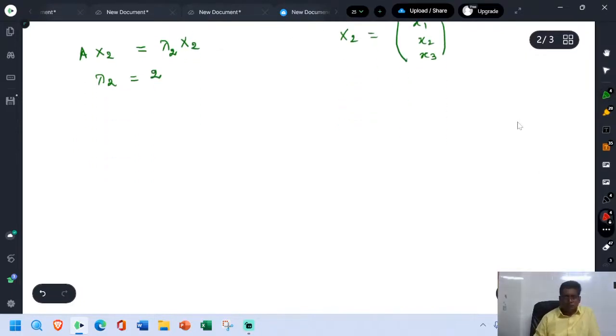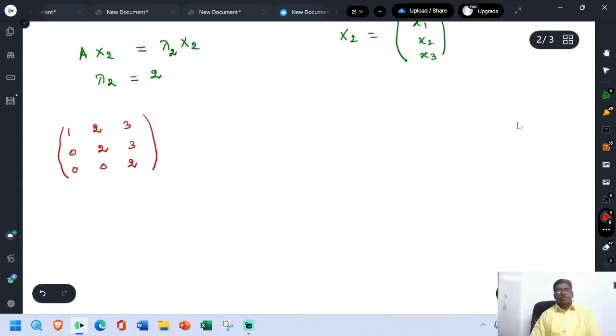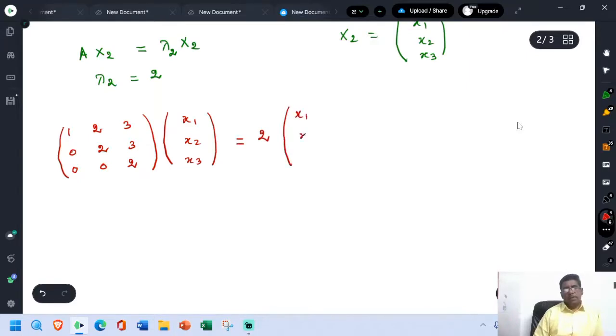Now substitute the matrix A: 1 2 3, 0 2 3, 0 0 2. Then x1 x2 x3 is equal to lambda 2 value 2 into once again x1 x2 x3. Now make the multiplication.